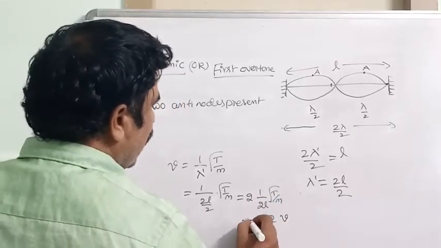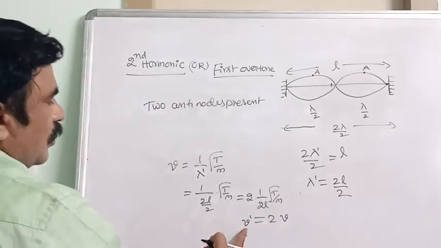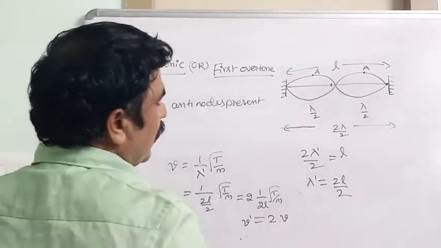Therefore nu dash equals 2 nu: the first overtone, or second harmonic, is 2 times the first harmonic.